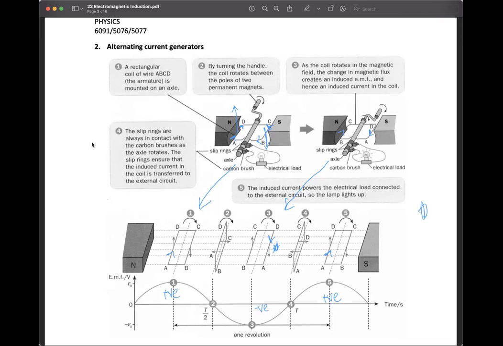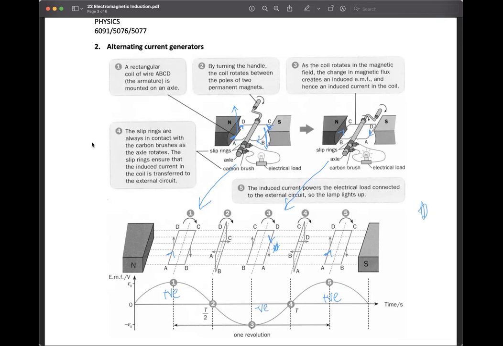But in an AC generator, instead of the left hand, you use the right hand. Likewise, your thumb is still the force, your index finger is still the magnetic field, and your middle finger is still the current. So that is the second difference.